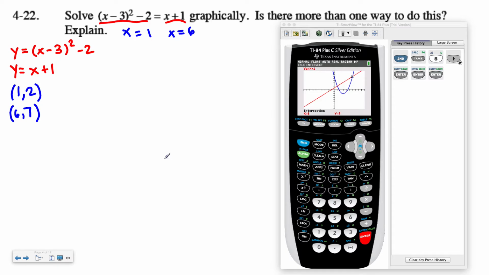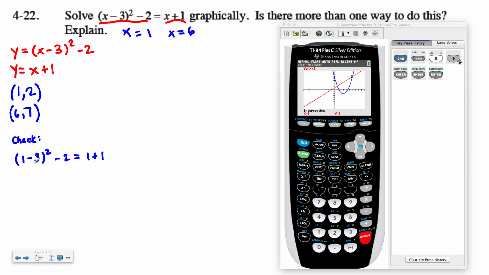Now, how can we check these? Well, let's take our values and plug them into our equation to make sure it makes it true. So let's start out with 1. I'm going to write here, this is going to be my check. I'm going to say (1 minus 3) squared minus 2 should equal 1 plus 1.